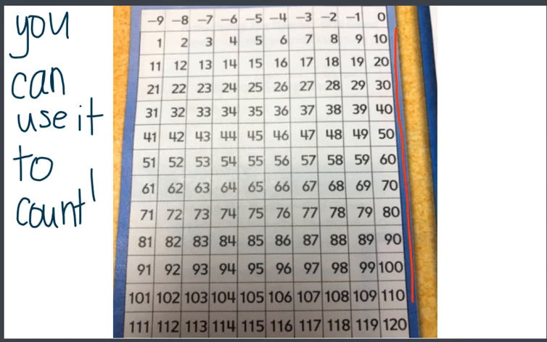Because each number as you go down the hundreds chart increases by 10. 10, 20, 30, 40, 50, and so on. But you can also count backwards by tens. Because as you go back up the hundreds chart, the numbers decrease by 10 in every single column.